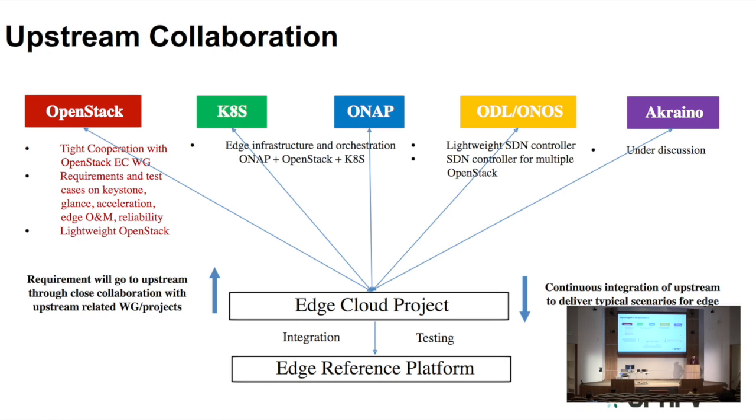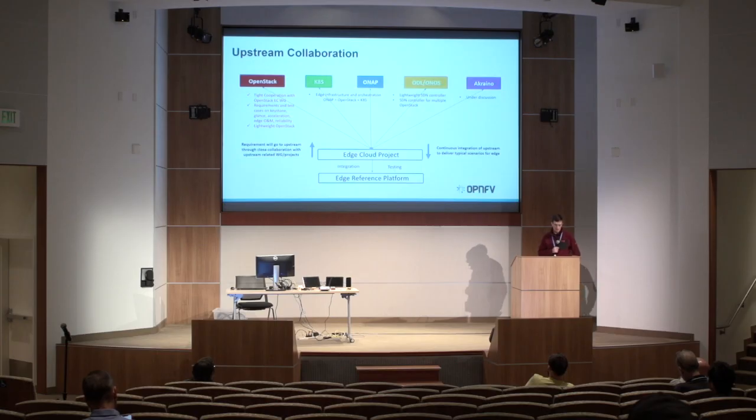To date, if you look at where the collaboration has been, it's mostly been with OpenStack, and specifically the Edge Compute Working Group, looking at requirements and test cases. There's been collaboration with Keystone Identity Federation. I'll come on to that in a minute.